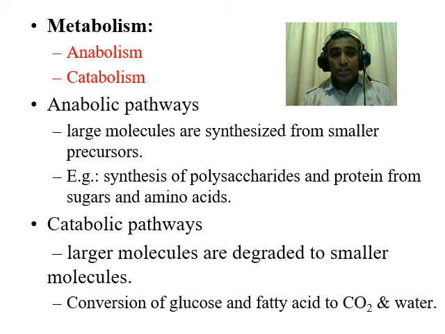Before we go into the gluconeogenesis pathway, we need to understand the meaning of anabolic pathway as well as catabolic pathway. Gluconeogenesis is under the anabolic pathway, that is making a large molecule, the 6 carbon glucose, from 2 carbon lactic acid, 3 carbon pyruvate, and many others.